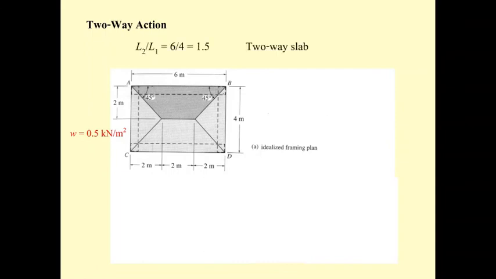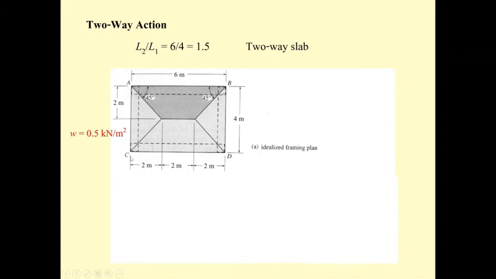If you have a two-way slab, for example, over here, L2 is 6 and L1, the distance between the small girders, is 4, so the ratio is 1.5, which is less than 2, so it's a two-way slab. With the two-way slab, you separate the slab by using this line of 45 degrees.